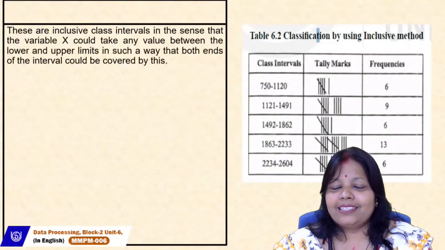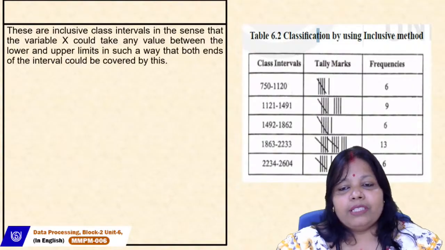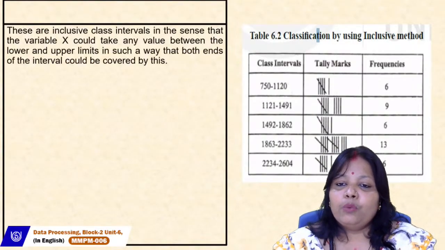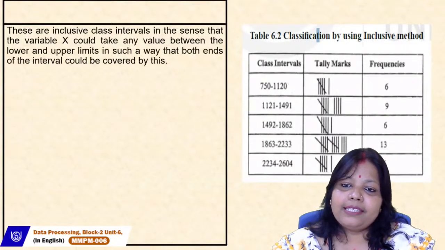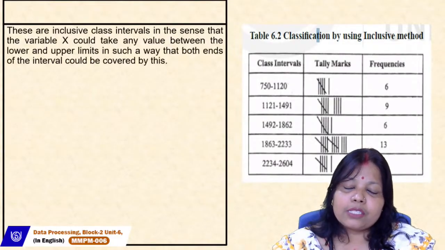You can see here the class intervals: 750 to 1120, then 1121 to 1491. What does it show, whether it is an inclusive class or exclusive class? Now we can see, what is the upper limit of the first class? It is 1120. Is that 1120 appearing as the lower limit of the second class?